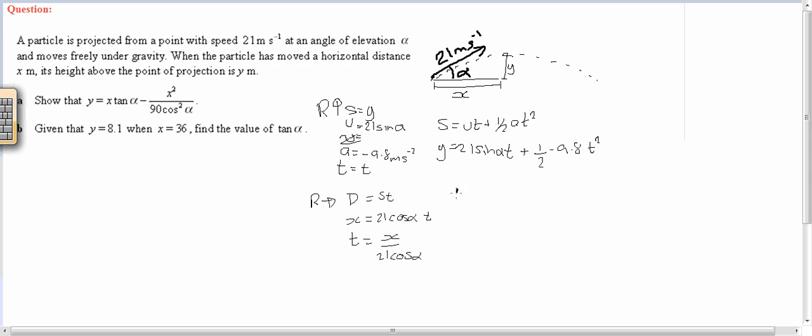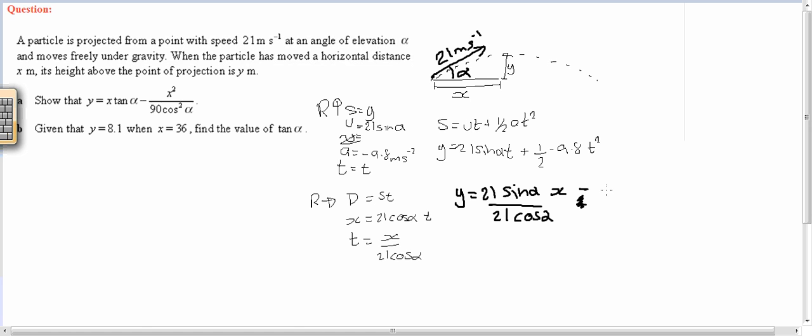So I have y equals 21 sine alpha times x over 21 cos alpha, plus, well, it's going to be minus, isn't it?